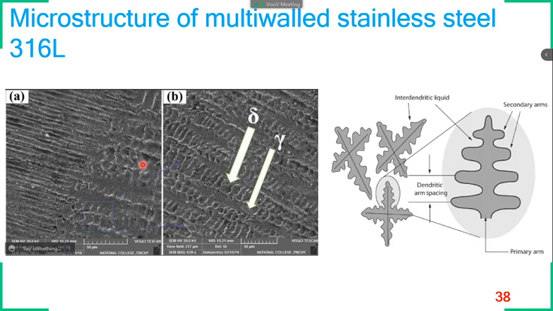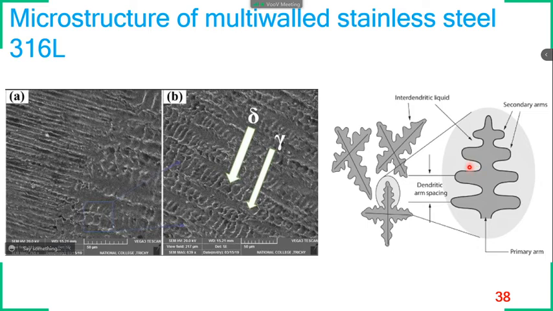As it takes more time to solidify, the secondary dendrite arm spacing, which we can see here, eventually becomes more. As the secondary dendrite arm spacing becomes more, a lot of strengthening elements, for example niobium, will tend to segregate.